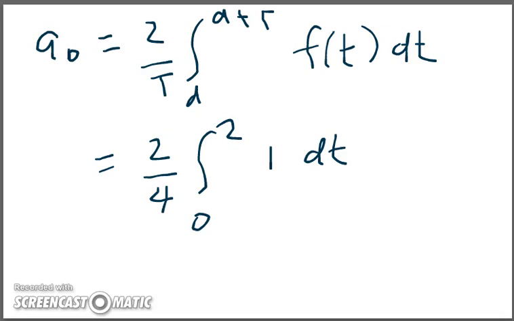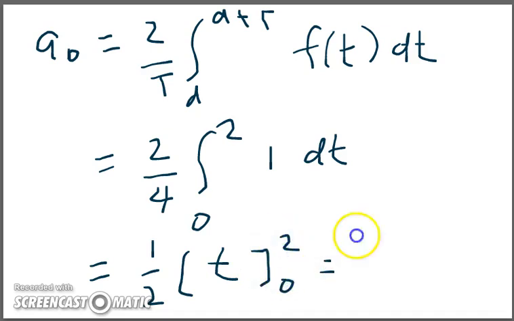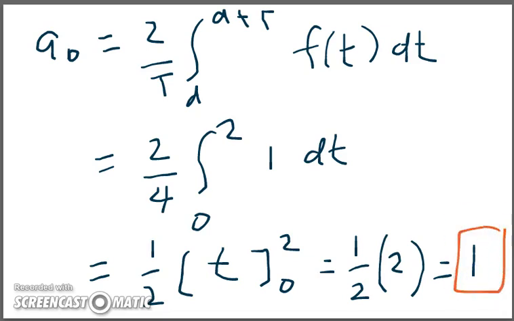Then we solve the integral, with t from 0 to 2. So here we have 1 over 2 times (2 minus 0), so 2 over 2 equals 1. So a naught equals 1 is the solution that we have for now.